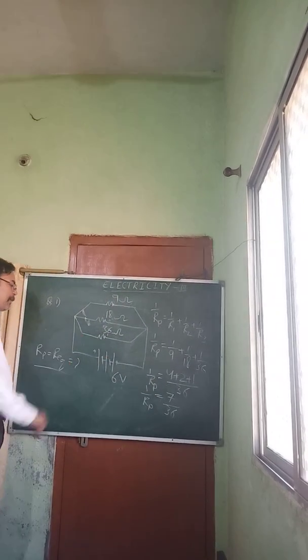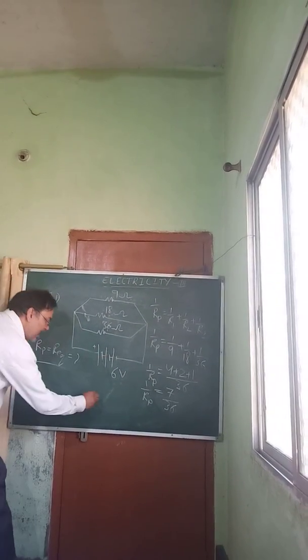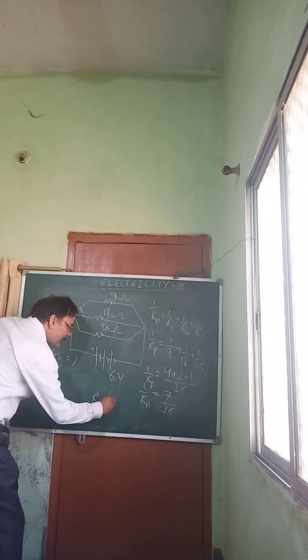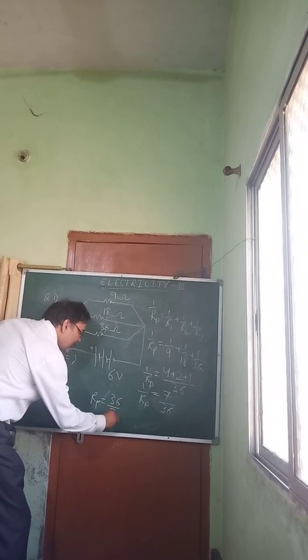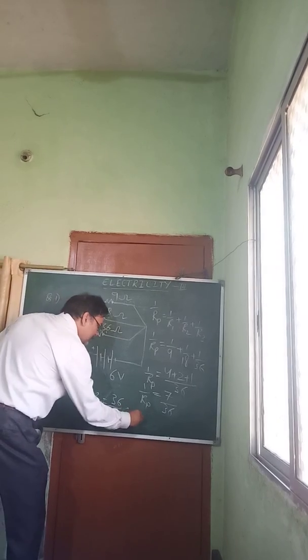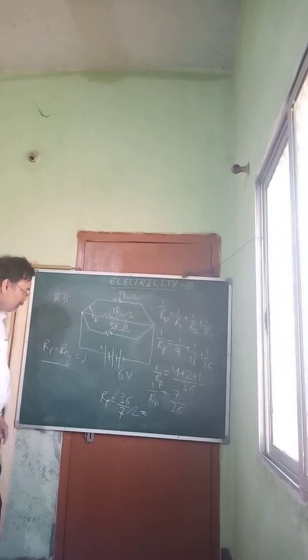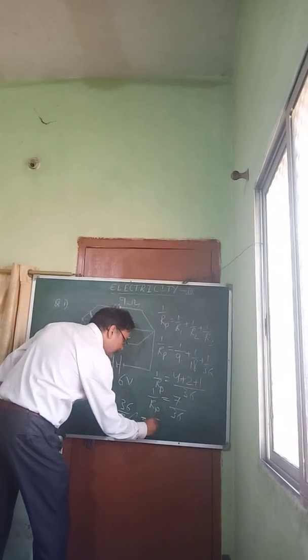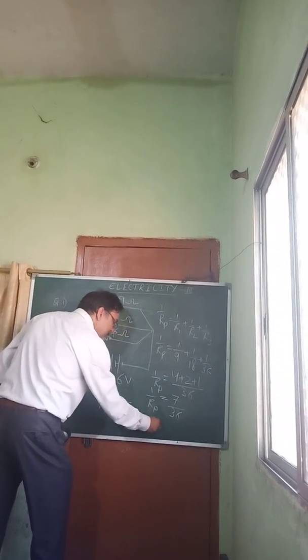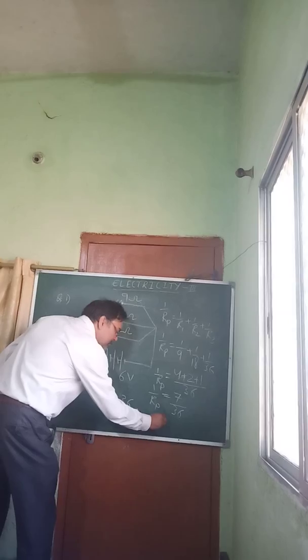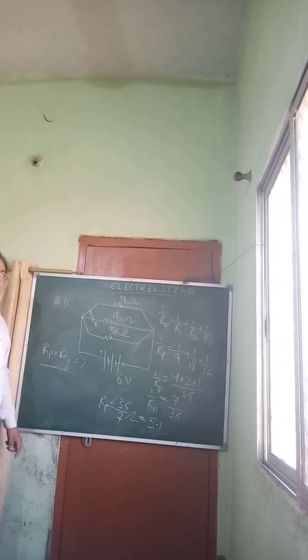Now what will be Rp? You have to invert it. So Rp will be equal to 36 by 7 ohm. And how much is this? 7 fives are 35. 1 is left, place a decimal, it will become 10. 7 ones are 7. 10 minus 7 is 3.